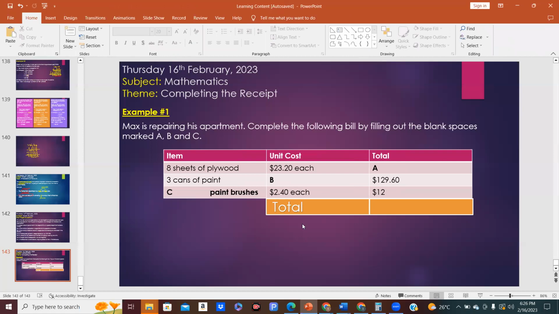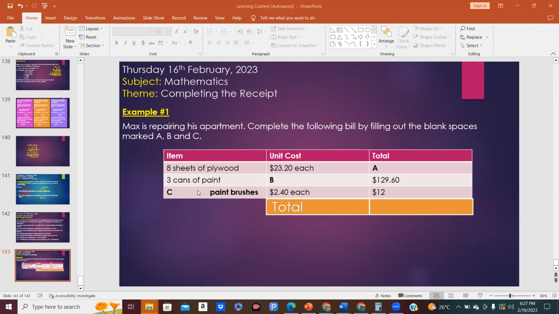Okay, so here we have the question for our first example. We have Max preparing his apartment. He got 8 sheets of plywood for $23.20 each. Then he got 3 cans of paint, which cost him $129.60.